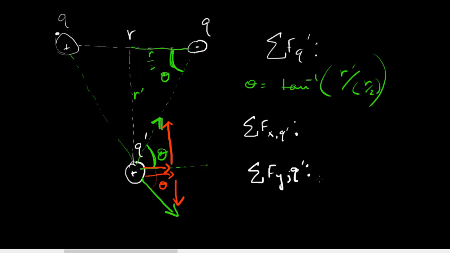Okay, so what are the forces in the y direction? The magnitude of the force between Q prime and negative Q is going to be k Q prime over this side squared. So what is this side going to be? Let's call this r, and this is going to be the square root of (r over 2) squared plus r prime squared.